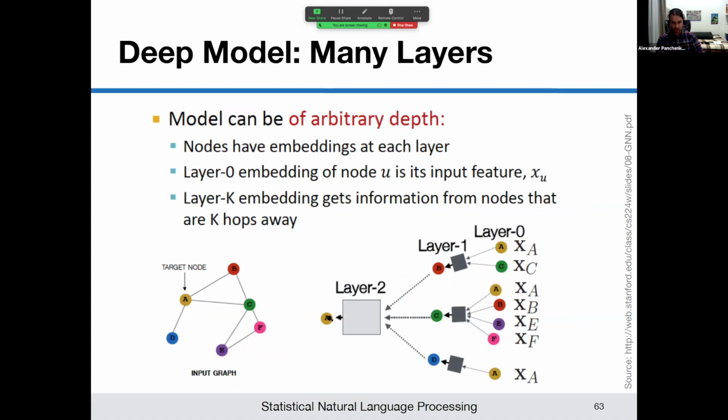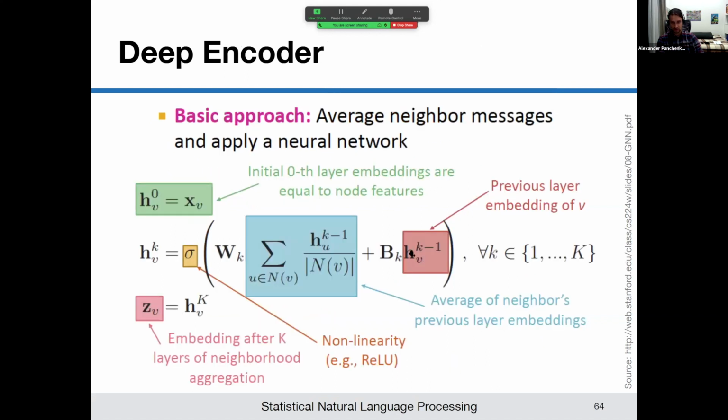So if we have layer A, you also want to have the previous state of this A, the previous embedding of the previous layer. And then you also have the neighbors of this node, and every neighbor has its own embedding, its own hidden state.